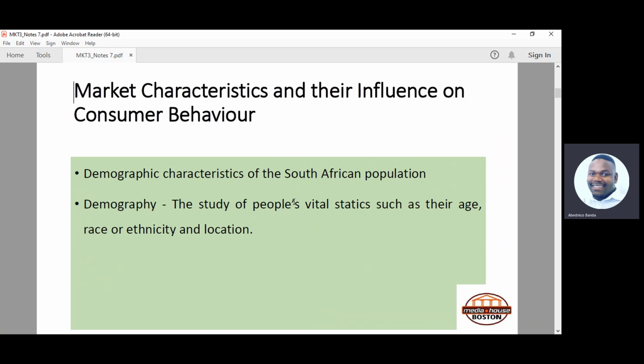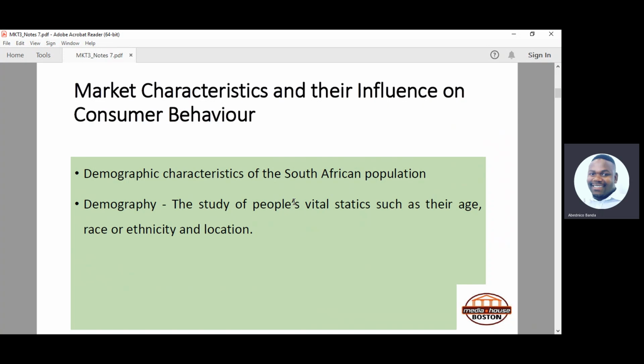If you are a brand representing White Star or Ace, you need to target the population that uses mealie meal on a daily basis. In this case, it will be the Black Africans, who eat pap or who use mealie meal for porridge. So you can target them in your marketing messages.